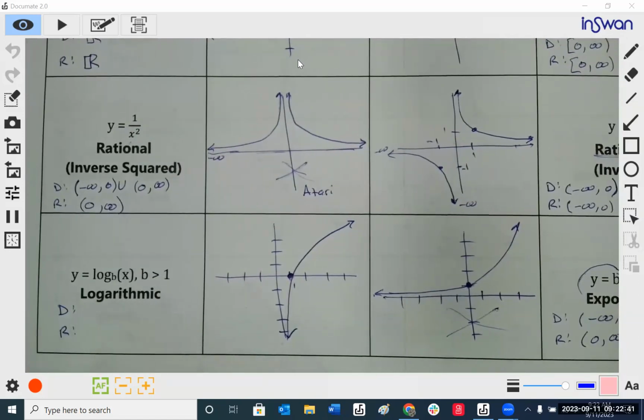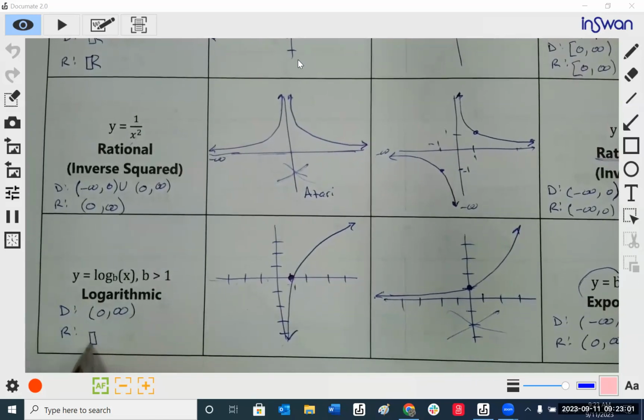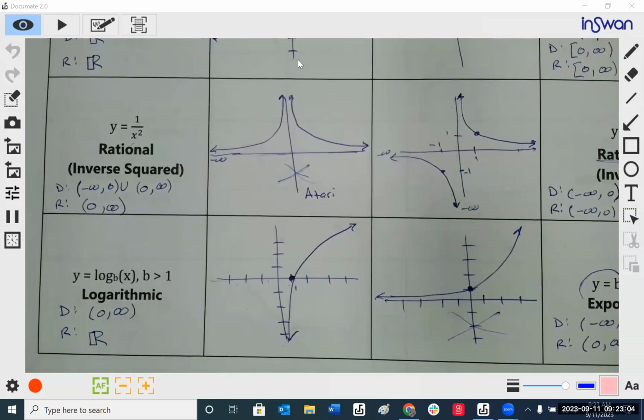So the domain, it can't be negative. There are no negative x's. Can't be zero. So it's going to be positive values of x. And the range is all real numbers.